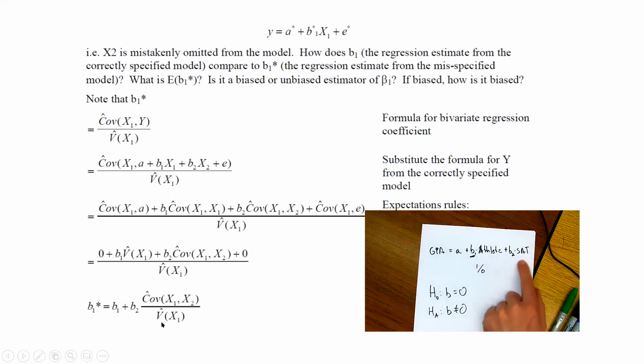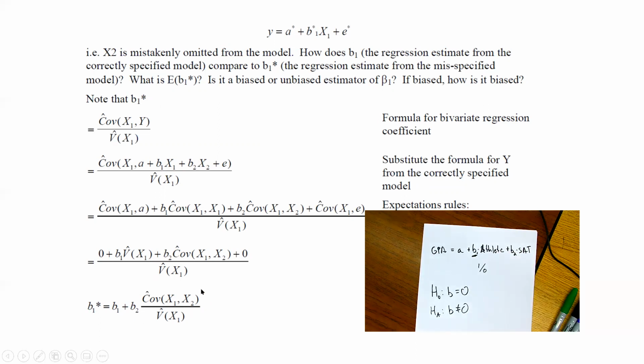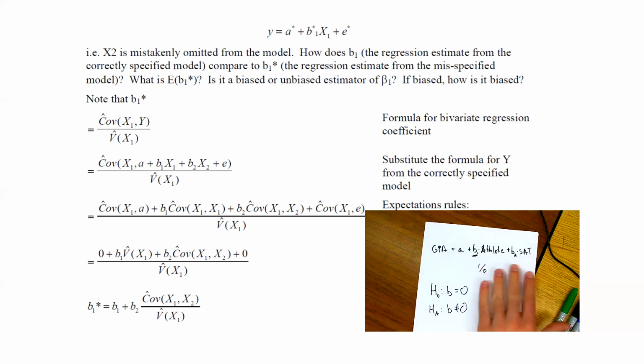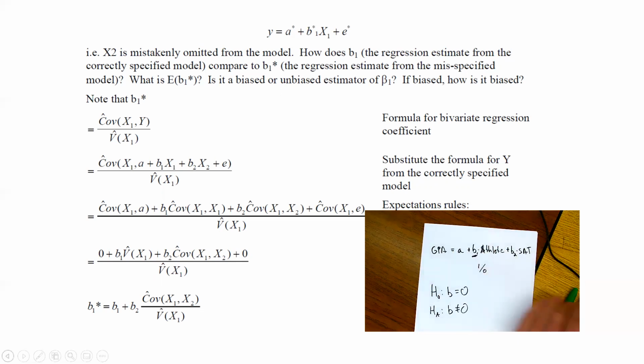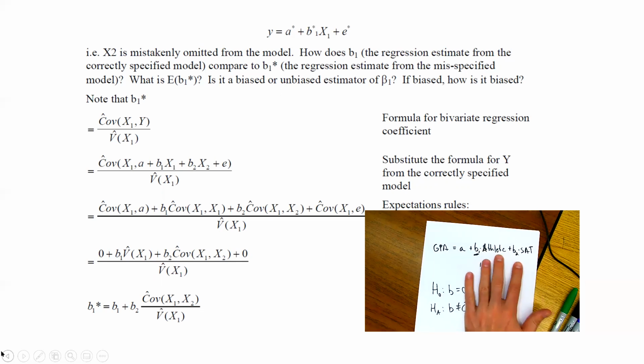Now, as soon as I include that SAT score variable, that X2 variable, into my regression equation, I eliminate this biased component. So if I could include every possible variable that would impact GPAs on my right-hand side, then I would be perfectly capturing the relationship between every variable and GPA. But unless I include every important variable, I might have this bias that exists in my coefficients.